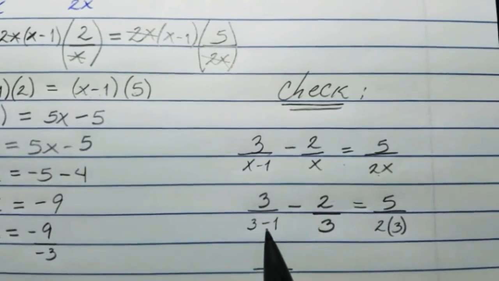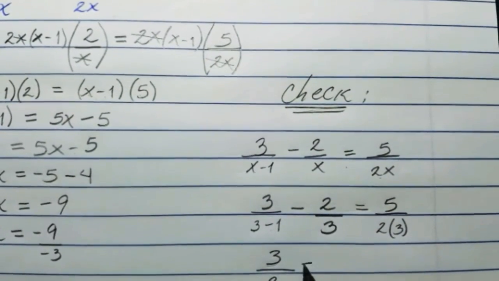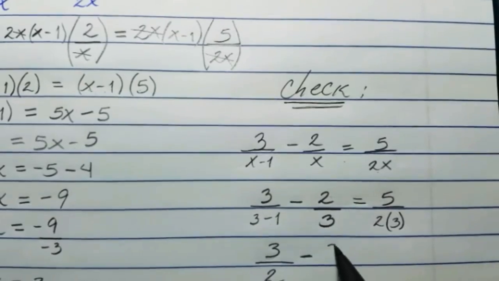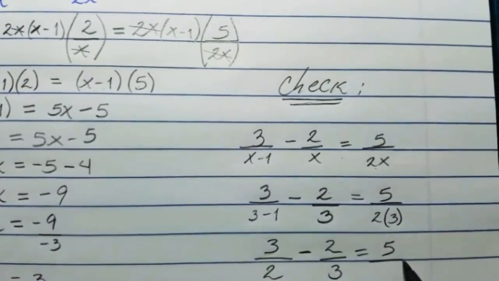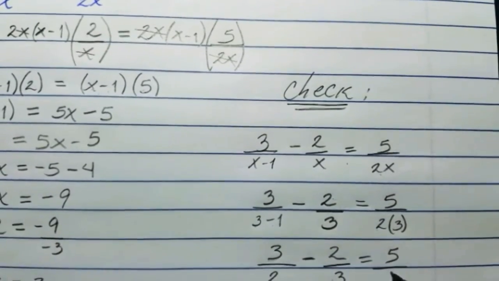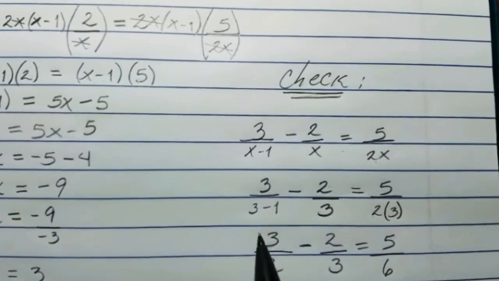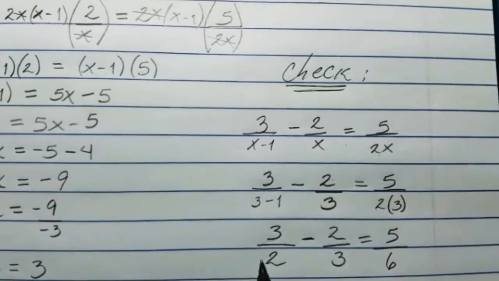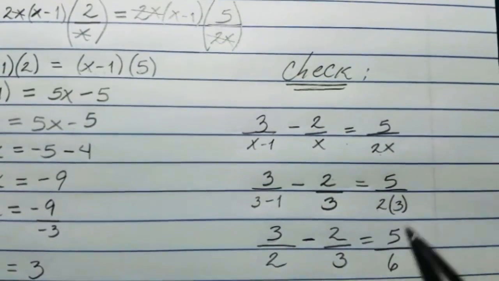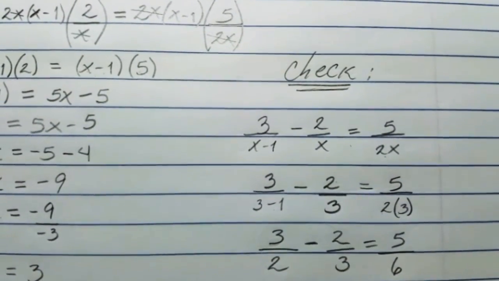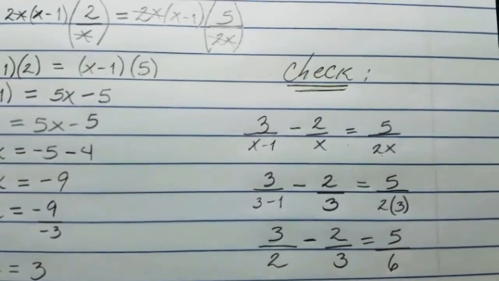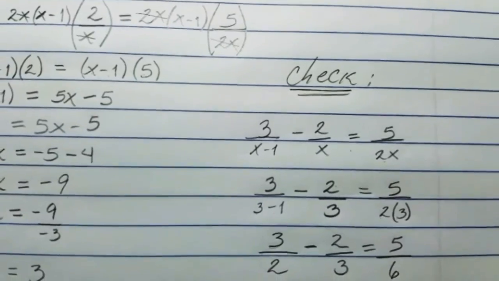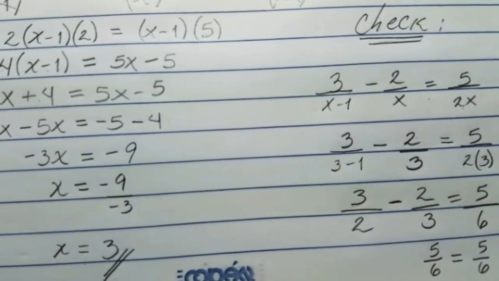So 3 over 3 minus 1 is 2, minus 2 over 3, and that equals 5 over 2 times 3 is 6. If you go to your calculators and simplify this side of the equation, this will give you 5 over 6, which equals 5 over 6. So, since your check was correct, that is your answer.